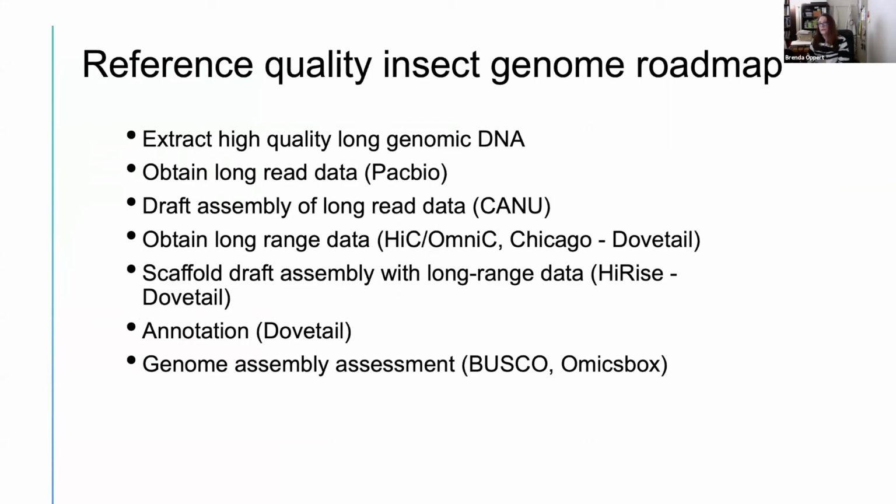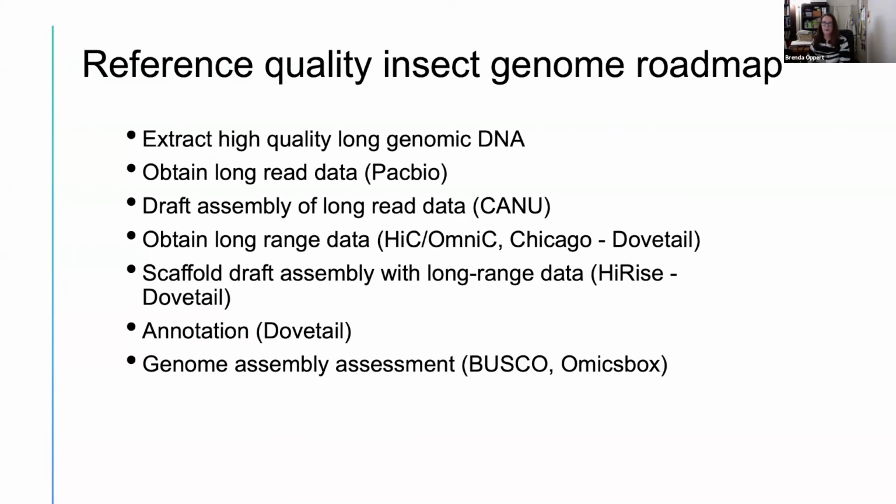So I want to end by going back to the reference quality insect genome roadmap to reiterate that each one of these steps builds on the other. So it's really important that you start with really good, high quality, long genomic DNA. That's the most important step in order to obtain that from your insect.